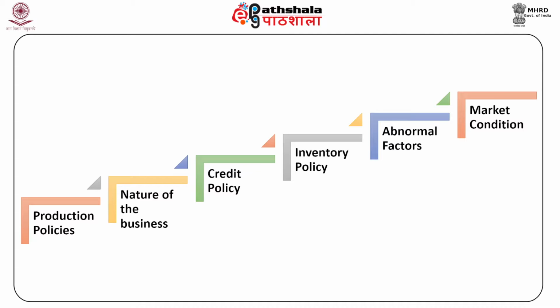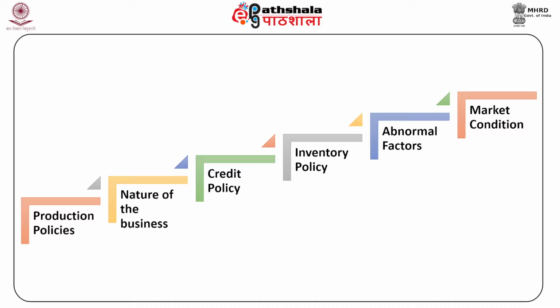Number 2, nature of the business. The shorter the manufacturing process, the lower is the requirement for working capital. If the manufacturing process is longer, the requirement of working capital will be higher. Number 3, credit policy.